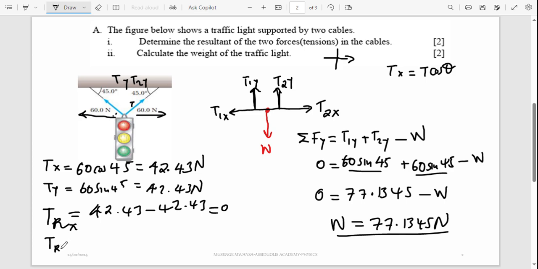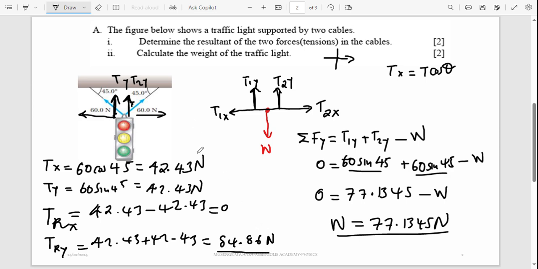And then the resultant tension in the y, both are going up, so just add both of them in the y. That is going to be 42.43 plus 42.43, and that is going to give us 84.86 newtons.